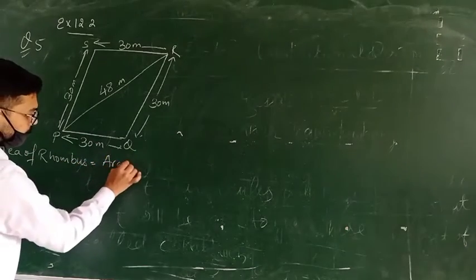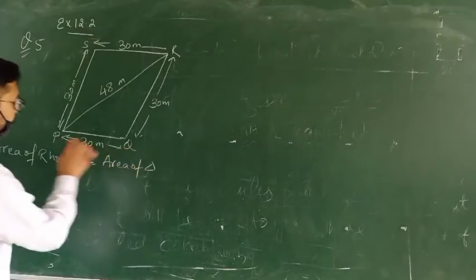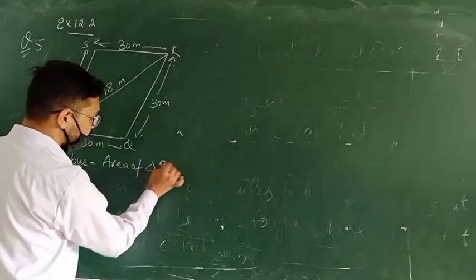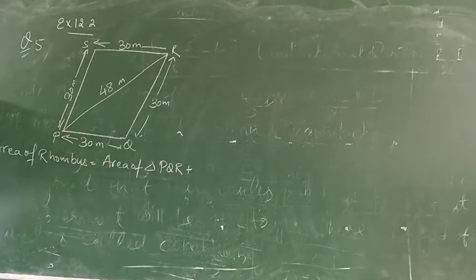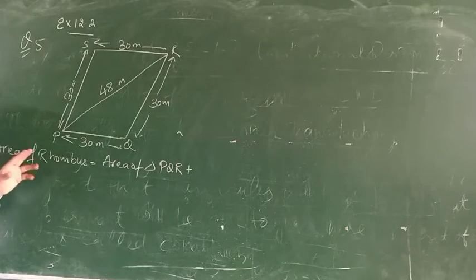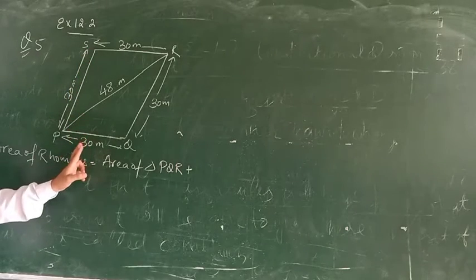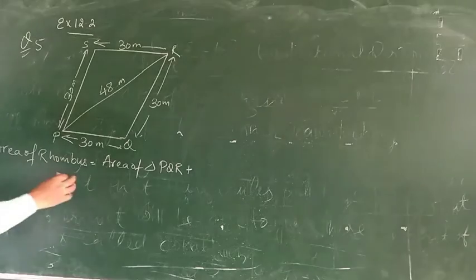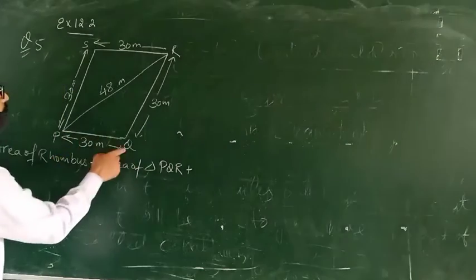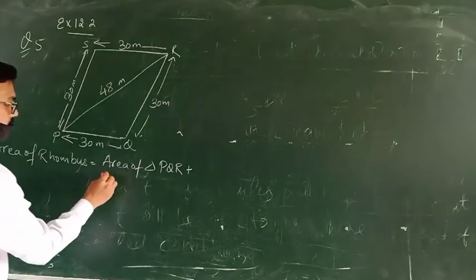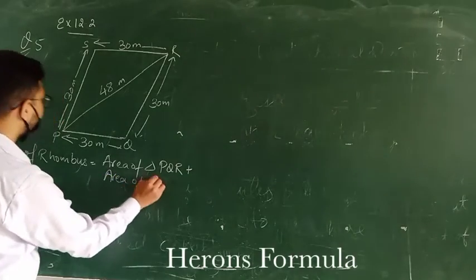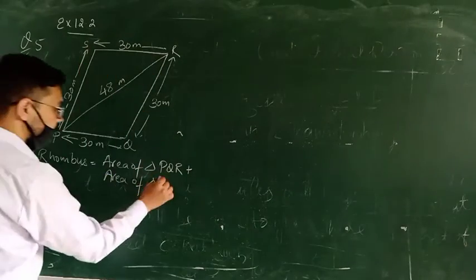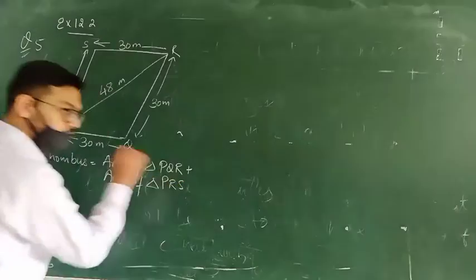Area of triangle PQR plus area of triangle PRS. Though you have two direct formulas for calculating the area of a rhombus, I don't know the value of the height here. That's why we are using Heron's formula.